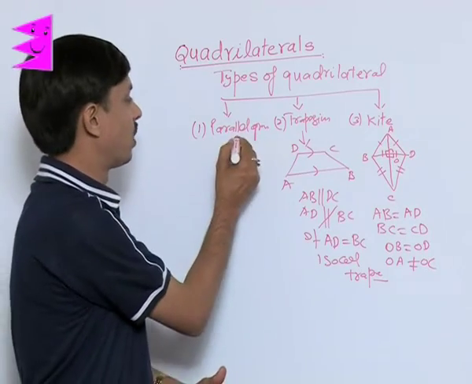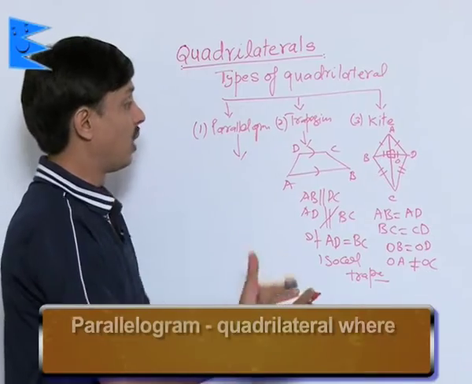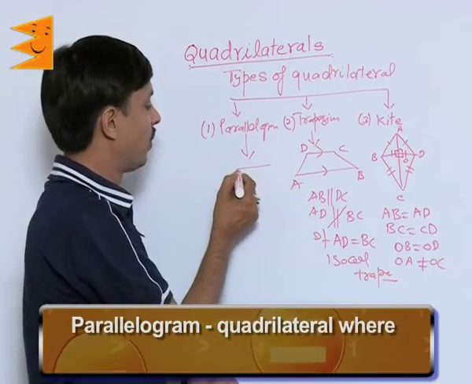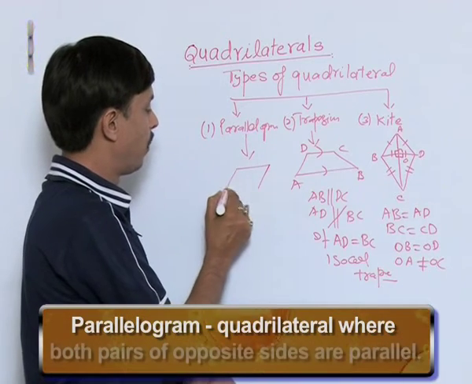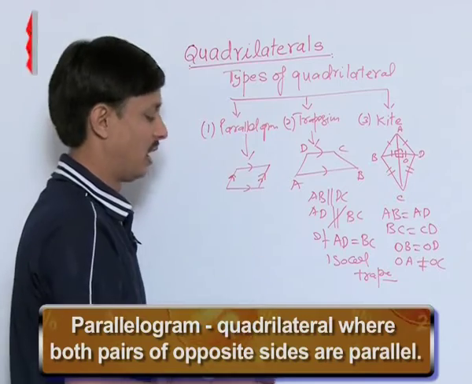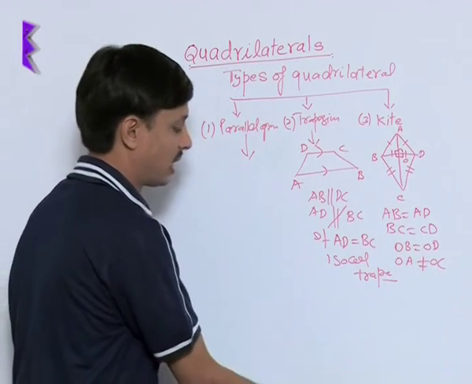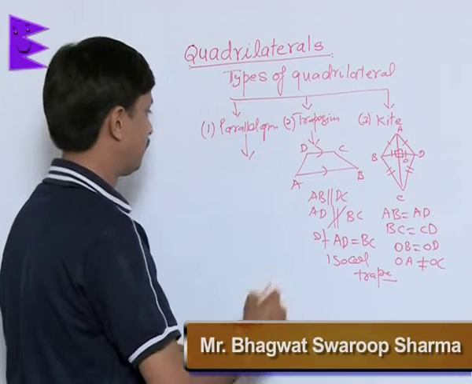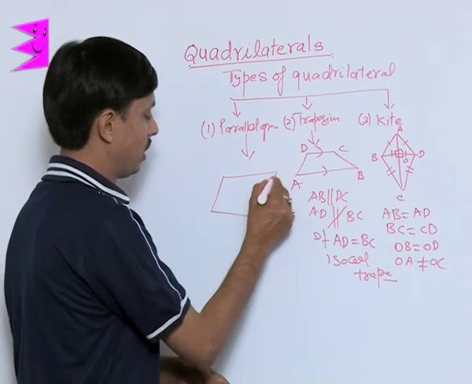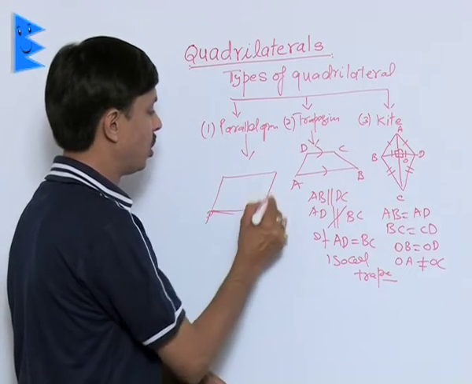Now we are coming to the parallelogram. What is a parallelogram? Parallelogram is that kind of quadrilateral where both pairs of opposite sides are parallel. I can show you a bigger parallelogram. I can label that as PQRS.